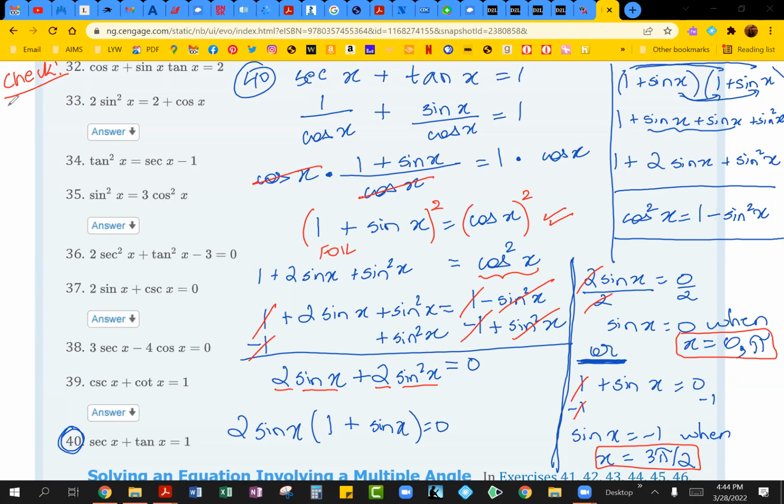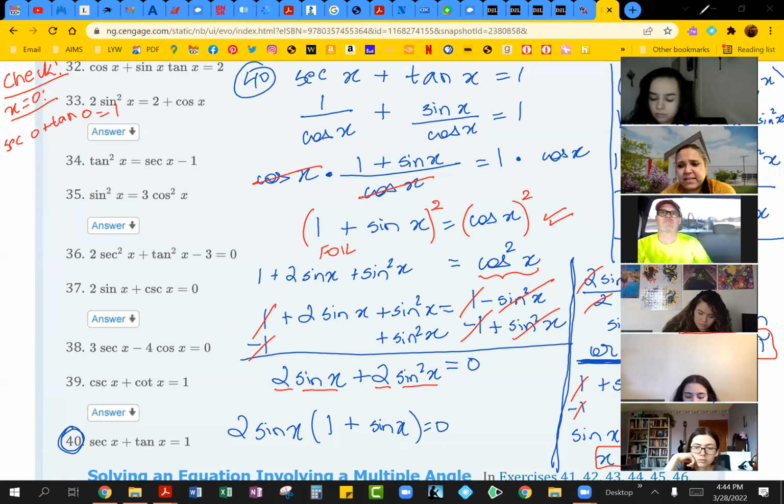So we'll start with x equals 0. You will do secant of 0 plus tangent of 0 equals 1. And you want to see if you get a true statement or not, right? The left-hand side has to match the right-hand side. So can you tell me if secant of 0 added with tangent of 0 will give us 1 or not?